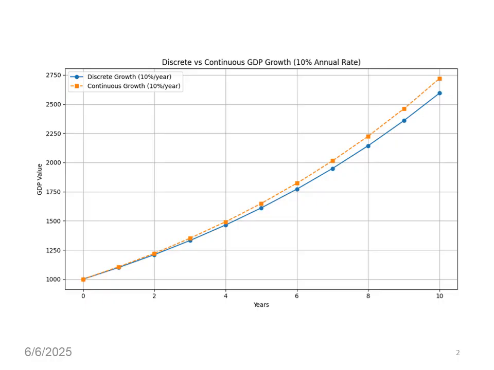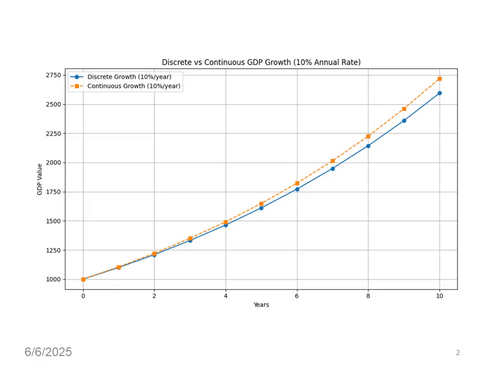As we know from mathematics as well as from statistics, when we say discrete, we calculate growth at a fixed time, while continuous growth is calculated in continuous time. At any moment, we can calculate GDP growth with continuous.